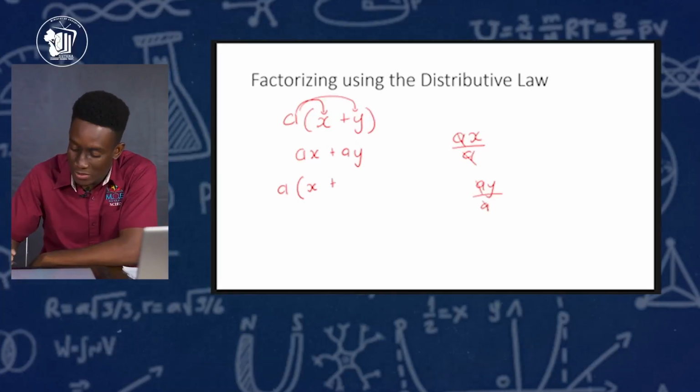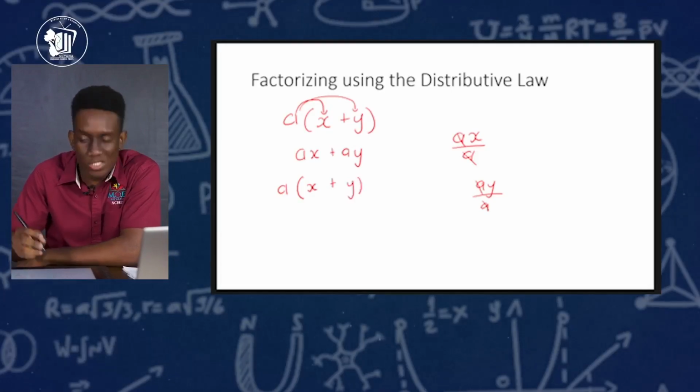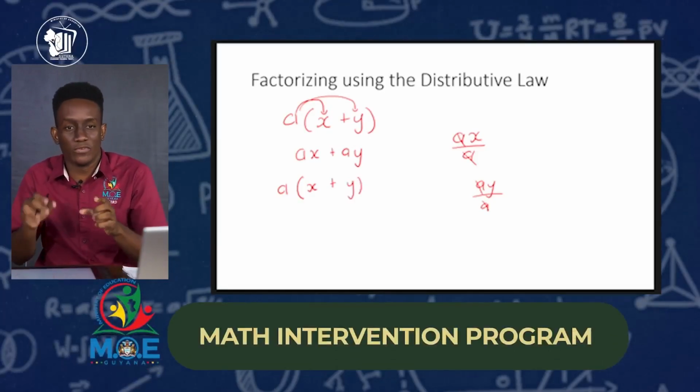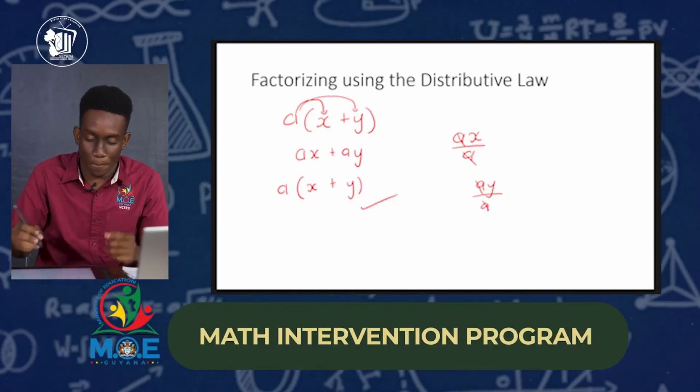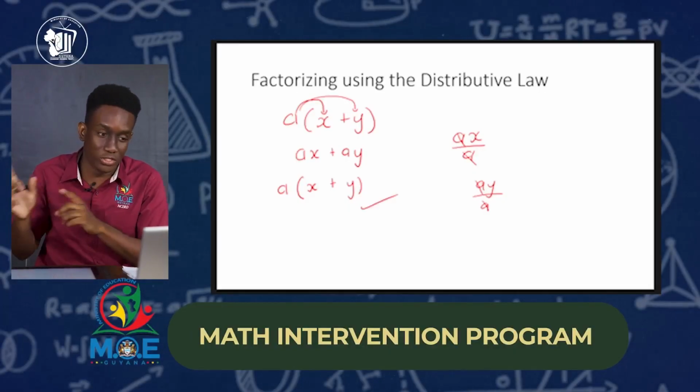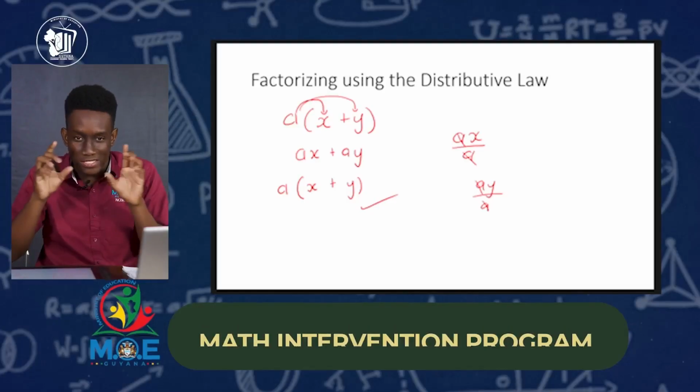The A cancels out, so we're left with X plus AY divided by A, and the A cancels, so we're left with Y. All we did was the distributive law in reverse. So that's a simple example.